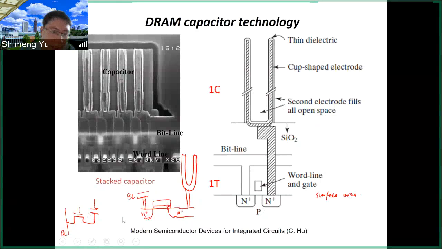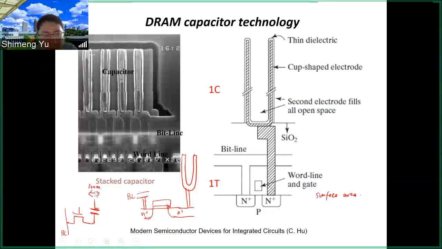You know, for a plate capacitor, you have two metal plates, and the capacitance is proportional to the area of those two plates. The challenge here is that the lateral dimension is very small for today's technology. If you look at the market from Samsung or Micron, the capacitors here have a lateral diameter of only 10 nanometer.